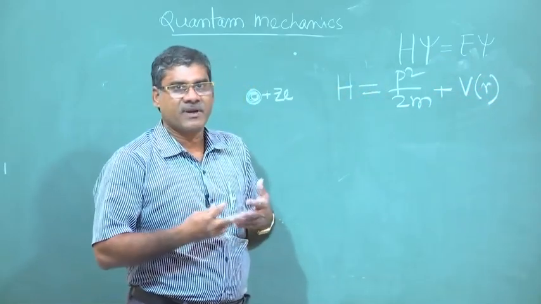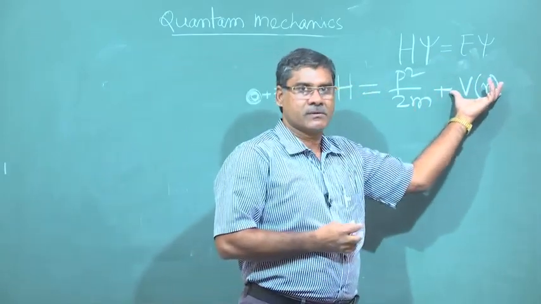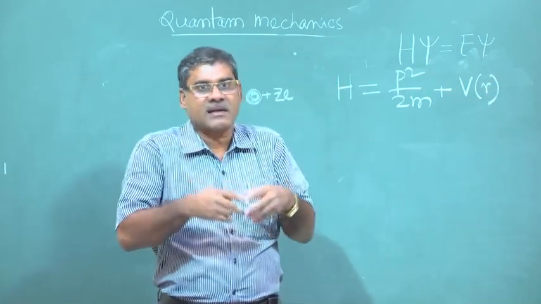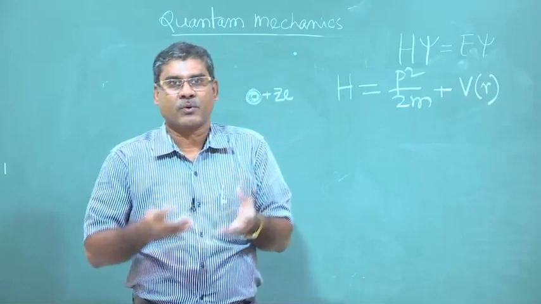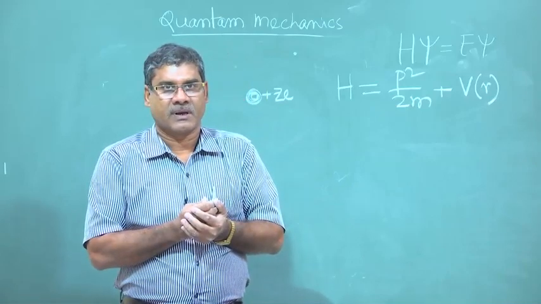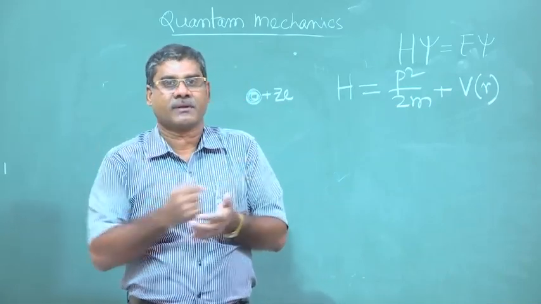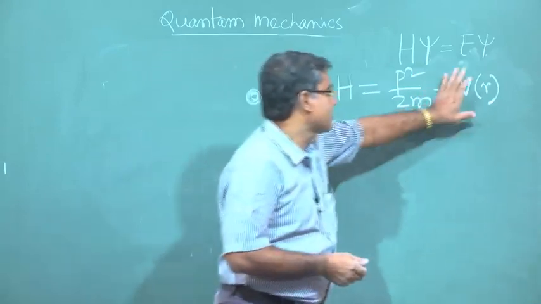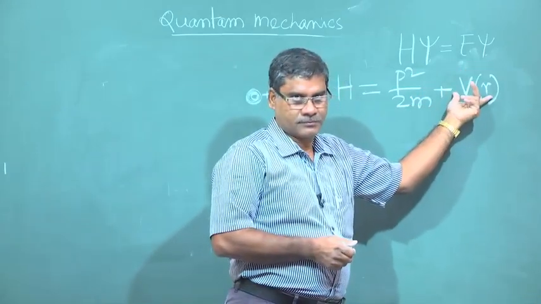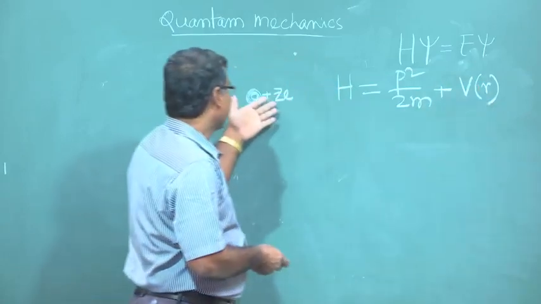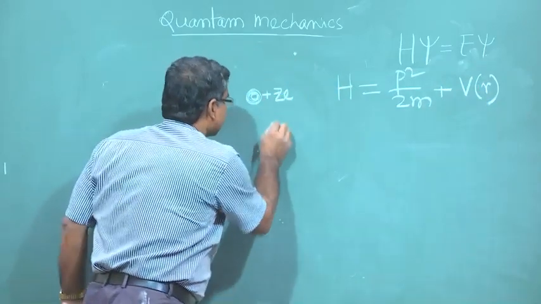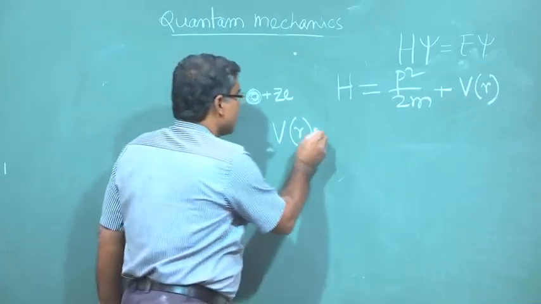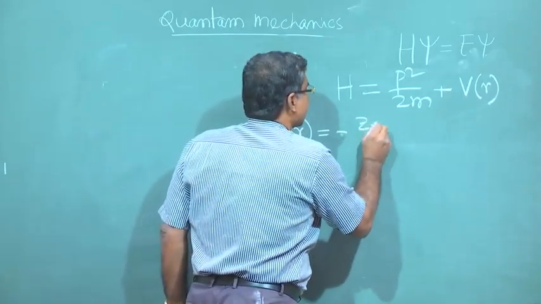When the particle was a free particle, we took the potential as 0. When the particle is in a constant field, a constant potential, where the potential is not varying with distance or time, we just write V0. Now in this problem, the potential V(r) is minus Ze squared by r.